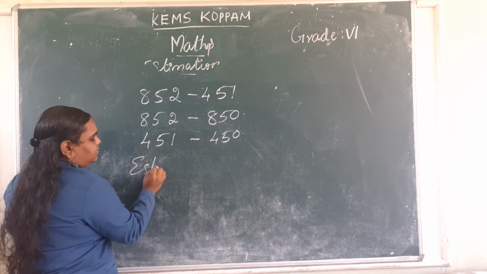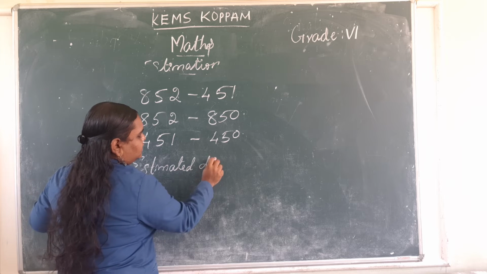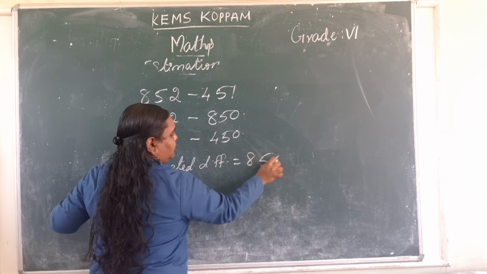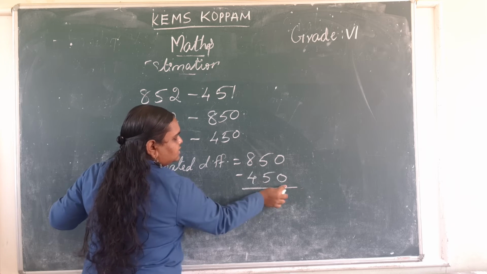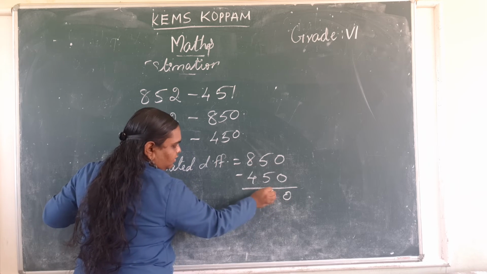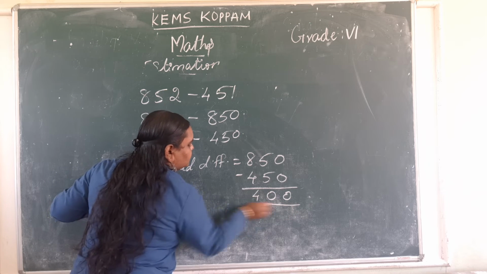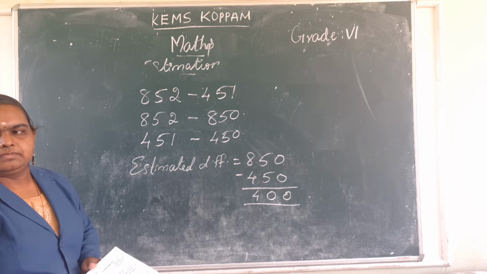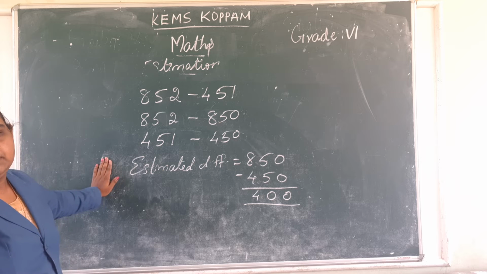Now the estimated difference equals 850 minus 450. 0 minus 0 is equal to 0, 5 minus 5 is equal to 0, 8 minus 4 is equal to 4. So the estimated difference is 400. Is it clear? This is the approximate number.